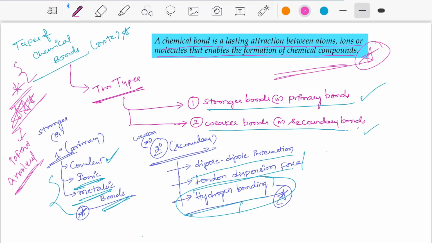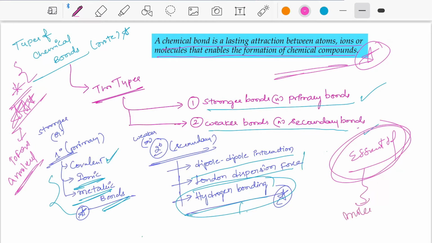A chemical bond is very essential to form a molecule. A chemical bond is a lasting attraction between atoms, ions, or molecules that enables the formation of a chemical compound. Note this point.